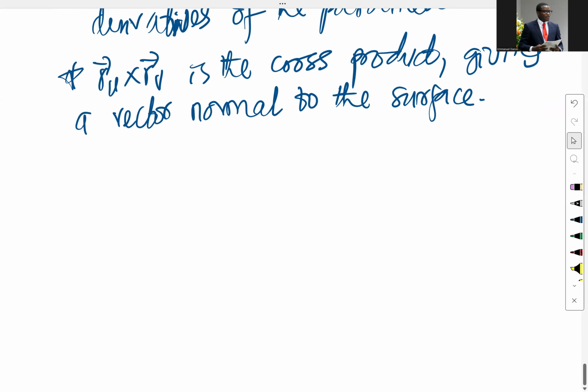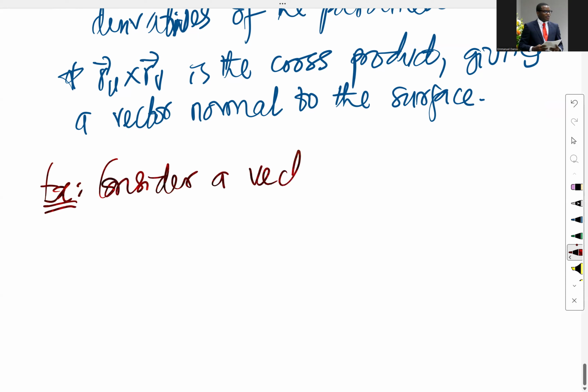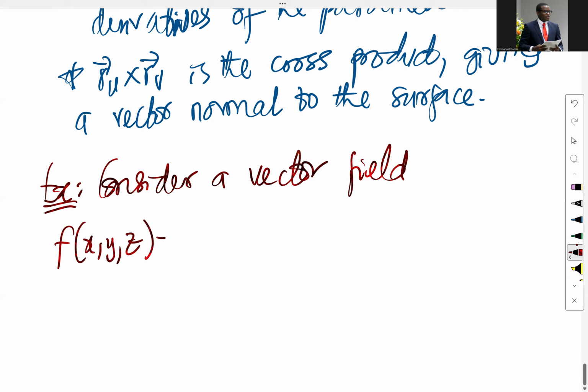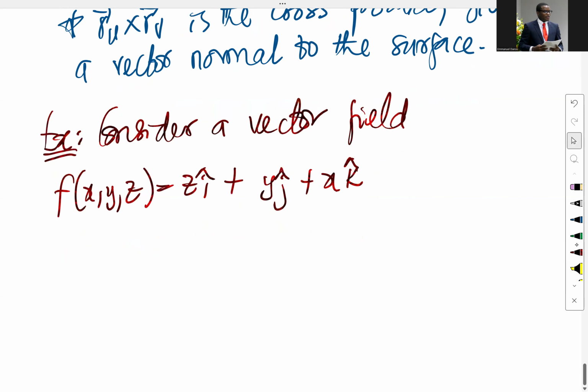So with this in place, let's take an example. Let's take an example, and I think it's time to change. Consider a vector field F of x, y, and z, which is z i plus y j plus x k. Now this does not follow the conventional xyz we've been using, but we just know i, j and k normally are in the directions of x, y, and z.